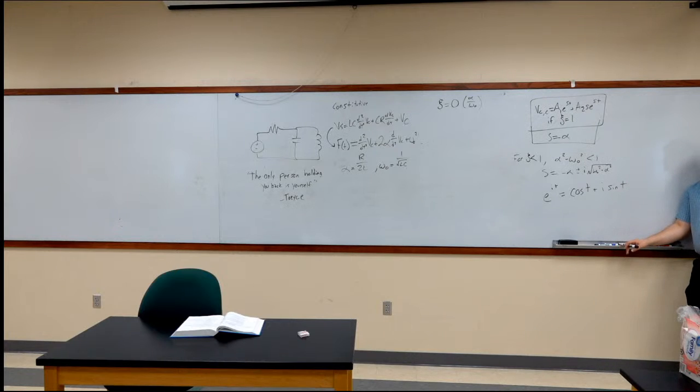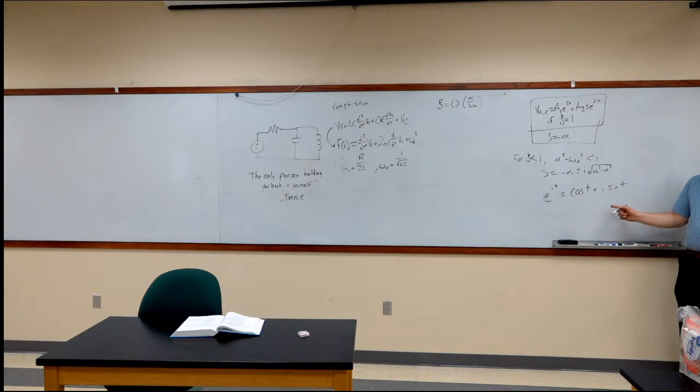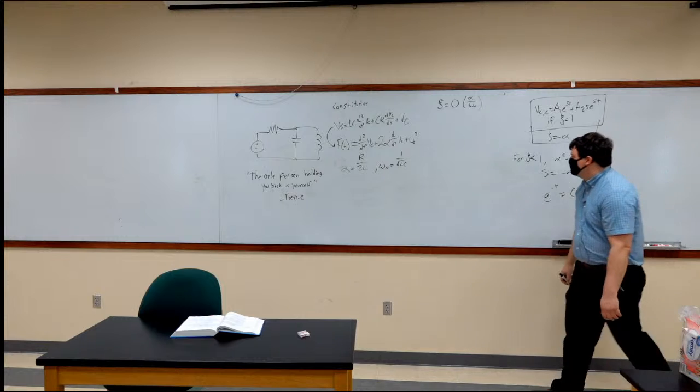Your solution, if zeta is less than 1, is that this system now oscillates. This is called an underdamped system. Okay?